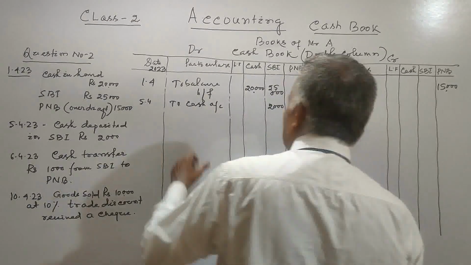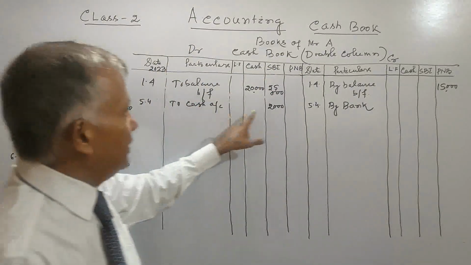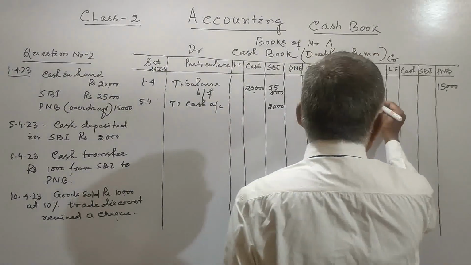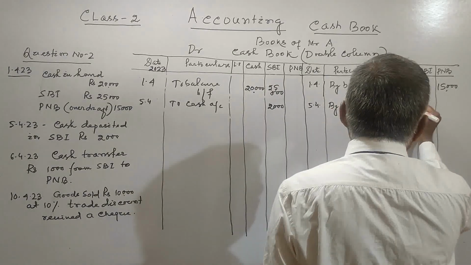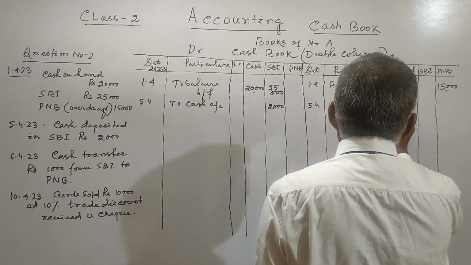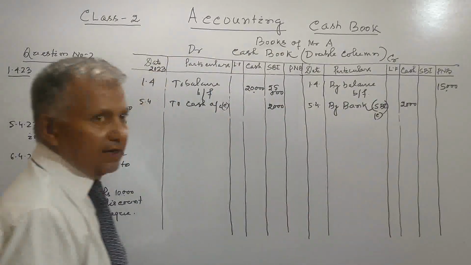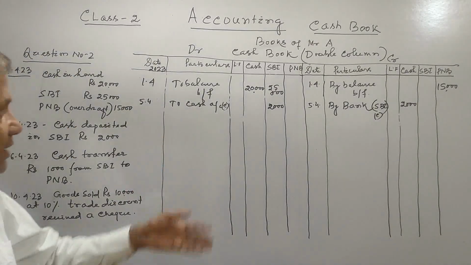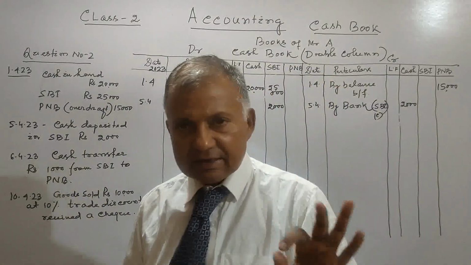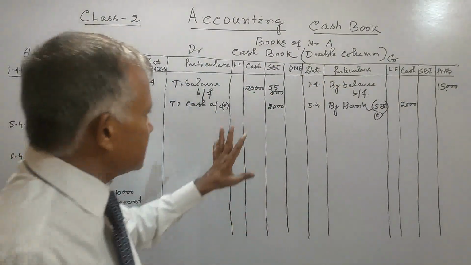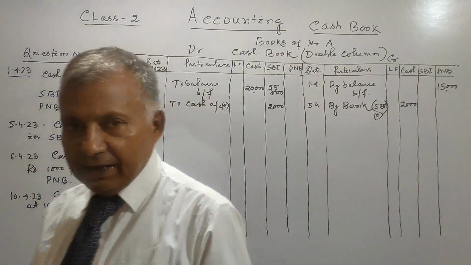By bank you write the other account. In the SBI the other account is cash. In the cash the other account is bank, that is SBI. It is your 2000 cash. Since it is coming on both sides, debit and credit, bank to cash, therefore it is a contra entry. Please mention C. C stands for contra, that means it comes on both sides of the cash book, right?